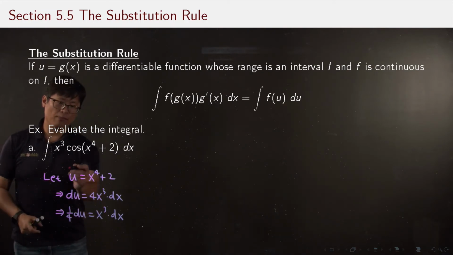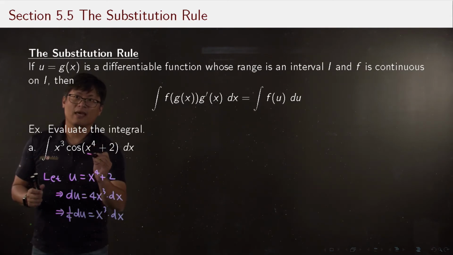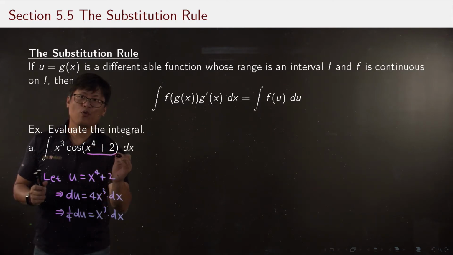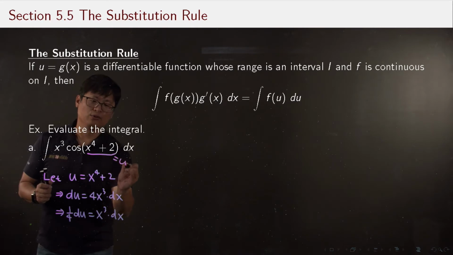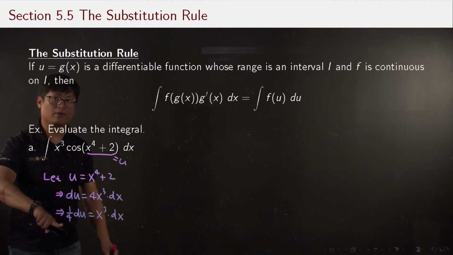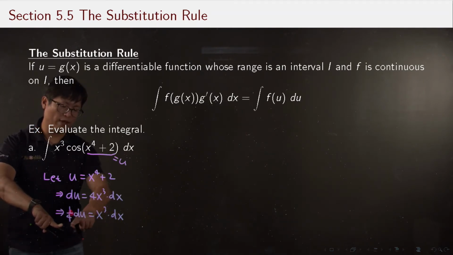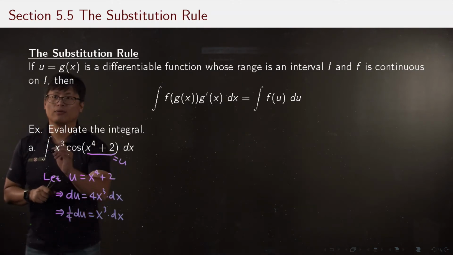First of all, the first piece is u: this guy, x to the 4 plus 2, will be replaced by u. The second piece is on the bottom. Now we're going to replace your x cubed dx with 1/4 du. Can you find it? There we go.